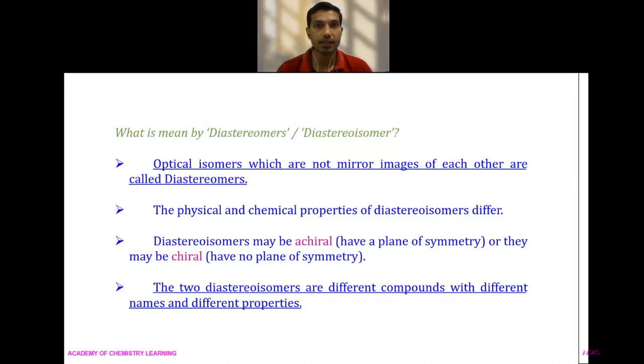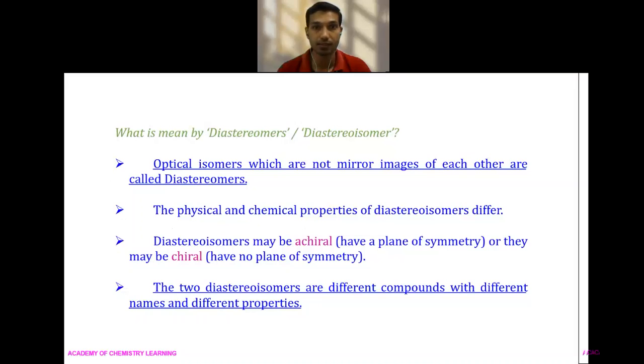Diastereomers can be achiral, meaning they have a plane of symmetry, or they may be chiral, meaning they have no plane of symmetry. So in case of diastereoisomers, there are two possibilities.